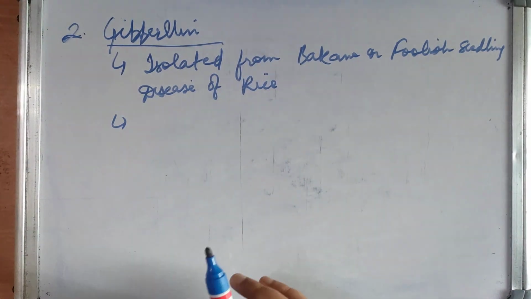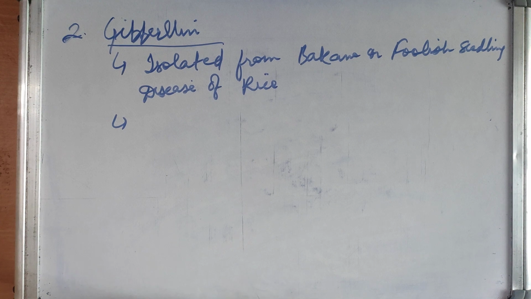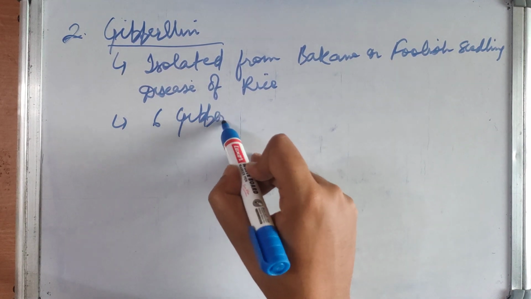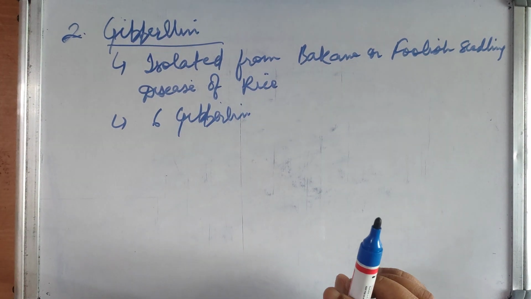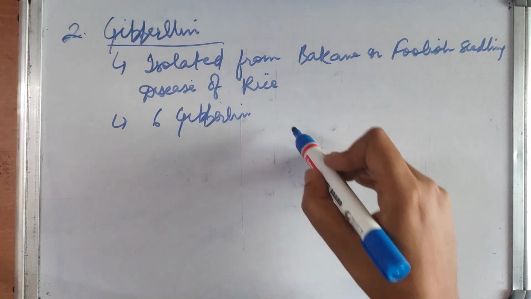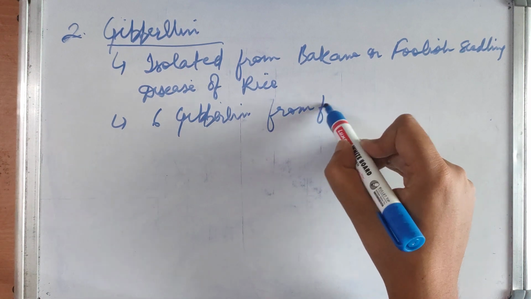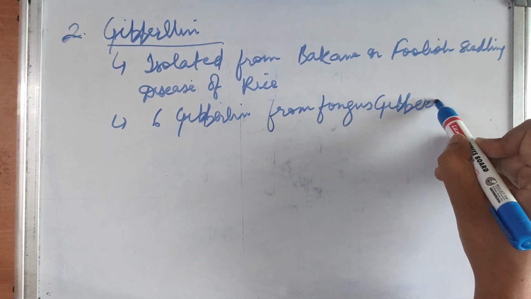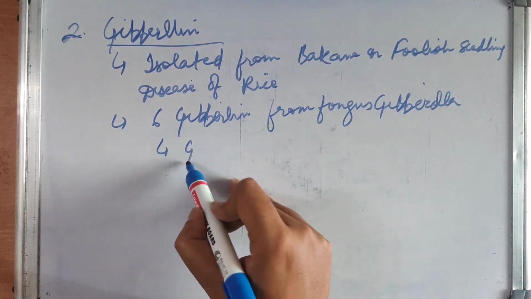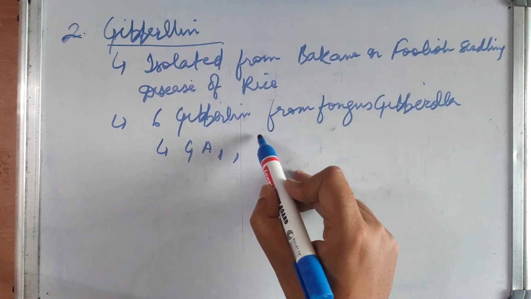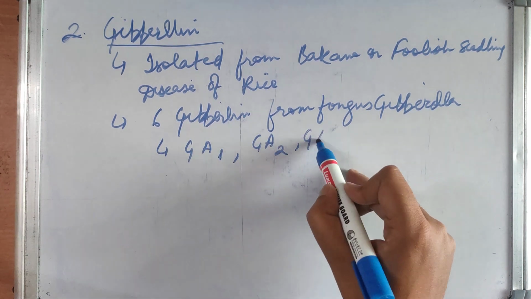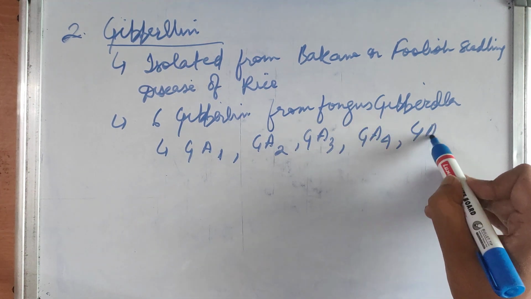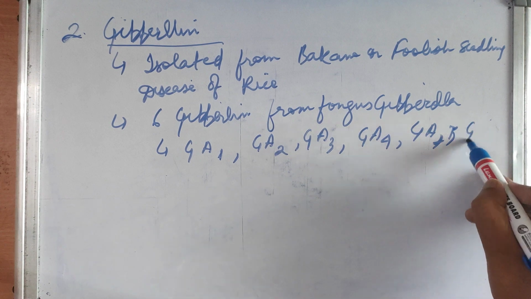There are mainly 6 gibberellins isolated from the fungus Gibberella. These are GA1, GA2, GA3, GA4, GA7 and GA9.